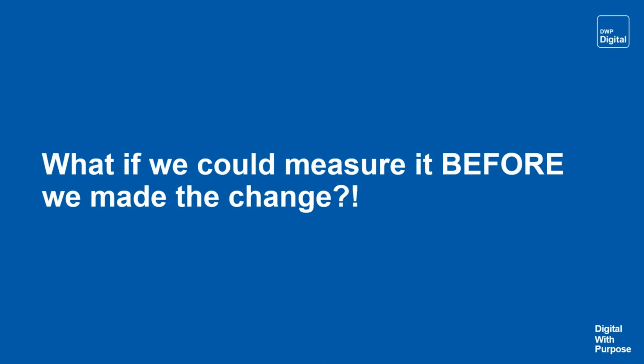Yeah. So what Catherine was talking about was we had a change, we had decided which design we wanted to make, and we published that change and collected the data that we needed to analyze whether there had been a difference between before we made the change and after we made the change.